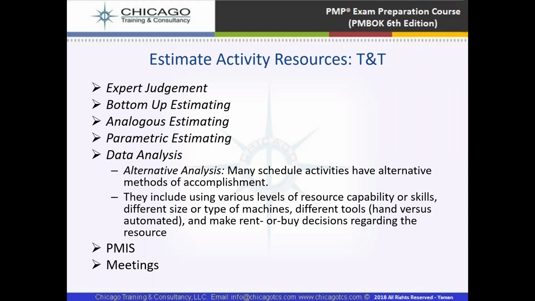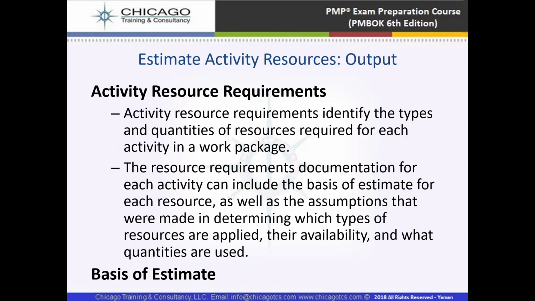This is why we need to do data analysis. And then we have the project management information system, which is the software or the tools. And then we can have meetings to see how the estimate activity resources should be aligned or finalized.